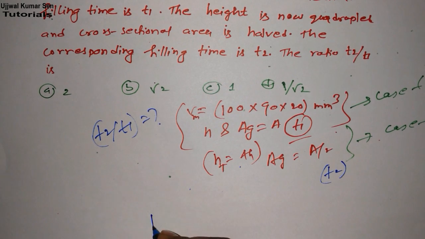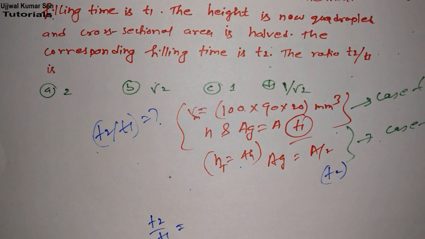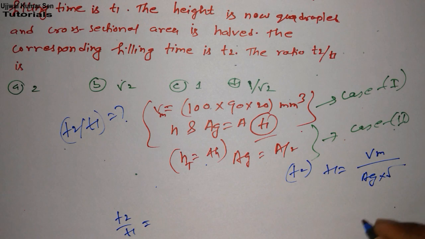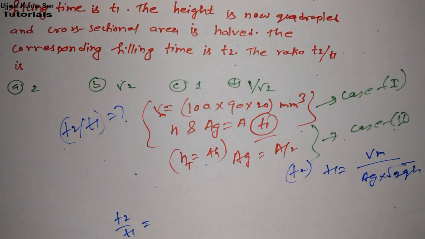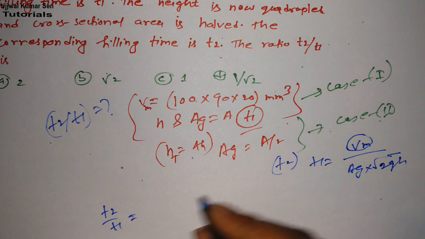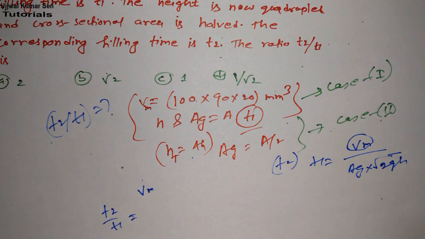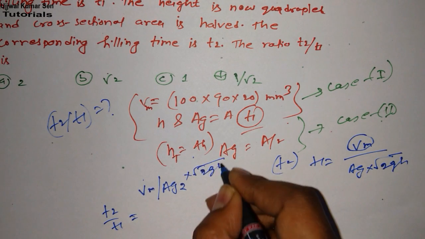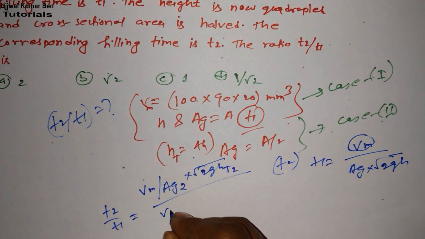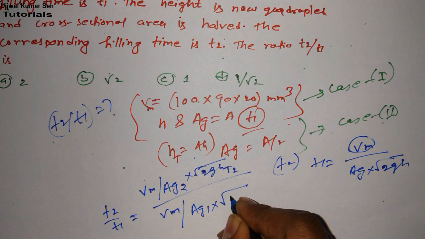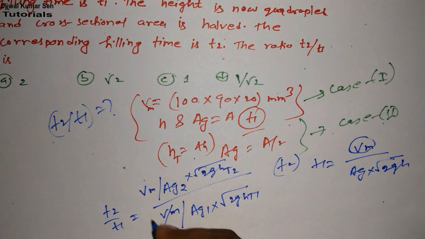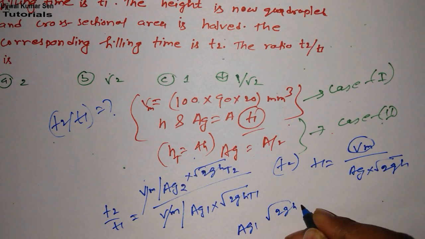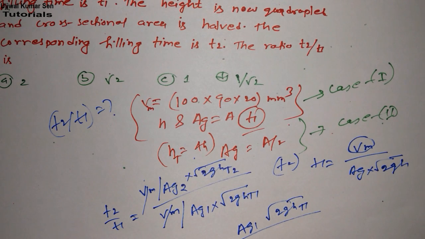So T2 by T1: what is T1 basically? T1 is equal to V_M over A_G1 into root 2gH. For T2, the volume V_M is the same, over A_G2 into root 2gH. Since V_M is the same, it gets canceled. So T2 by T1 is A_G1 root 2gH1 divided by A_G2 root 2gH2.